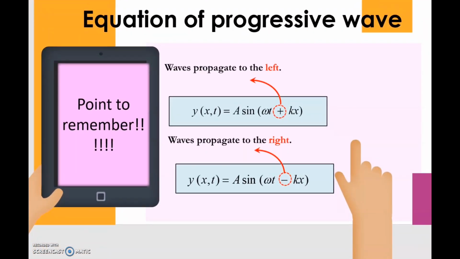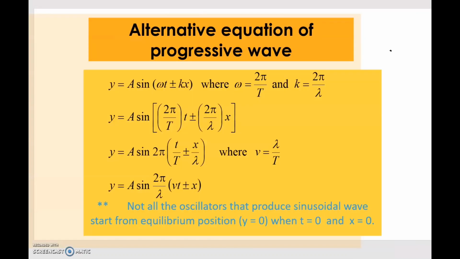There are two equations here: y equals a sin(omega t plus kx). This plus shows that the wave propagates to the left. The other one is y equals a sin(omega t minus kx). This minus shows that the wave propagates to the right. You have to remember the alternative equations of the progressive wave.